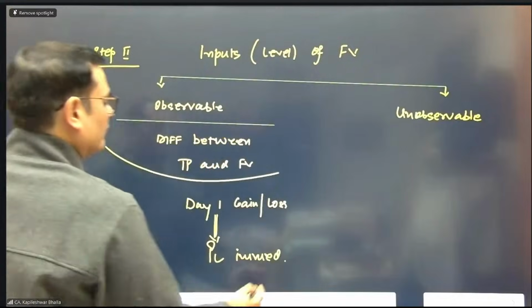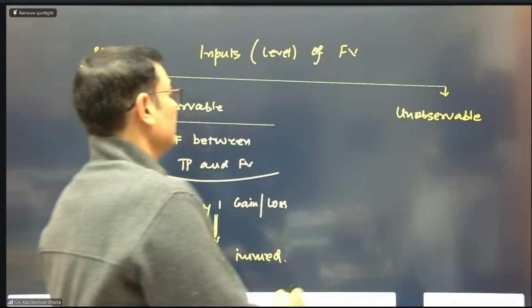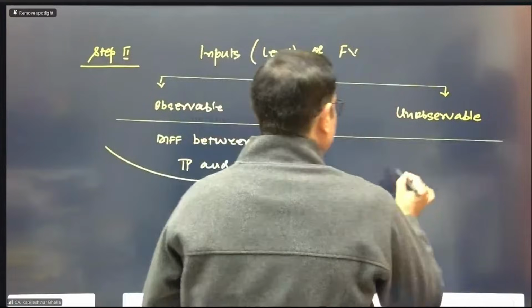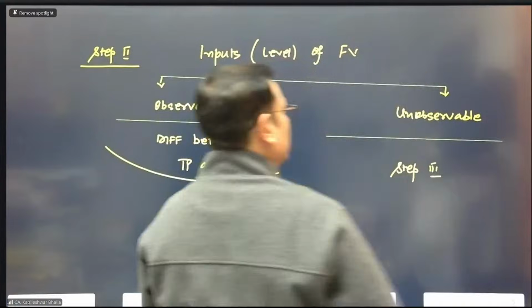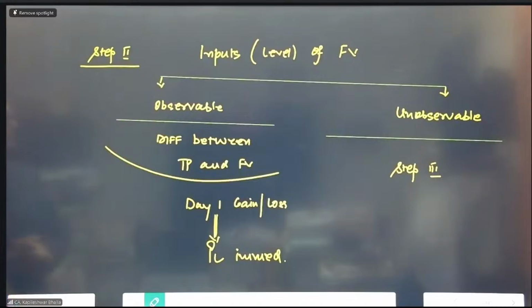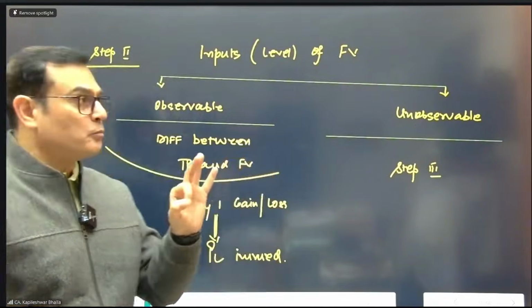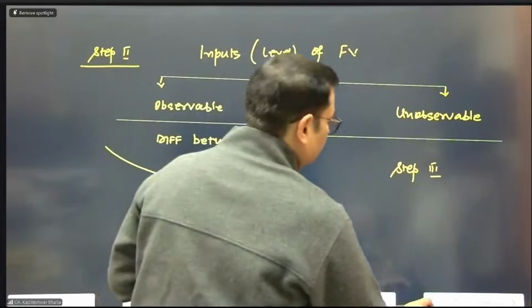And if it is unobservable in nature, then it's time to go to step number 3 and look at the type of relationship. That is step number 2, looking at the input points, whether observable or unobservable.